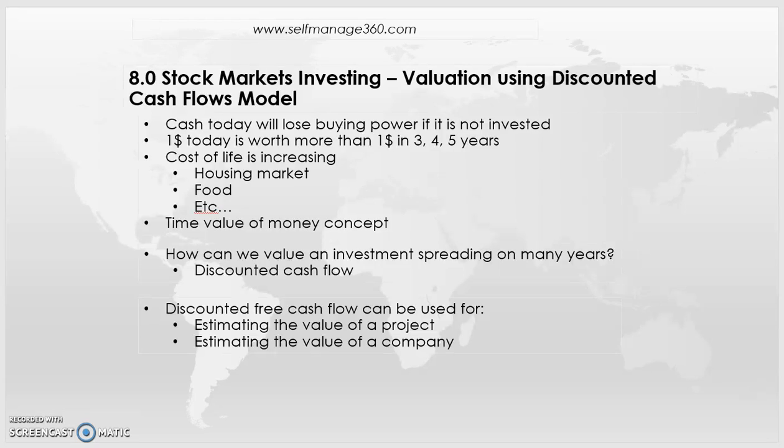So in the valuation model of the discounted cash flow model, we will take this into account, and this is why the word discount is used. What we'll do is evaluate the profits for the next 4, 5, 6 years, and we will discount the profits back to their present day value, so that we can evaluate the value of a company today.